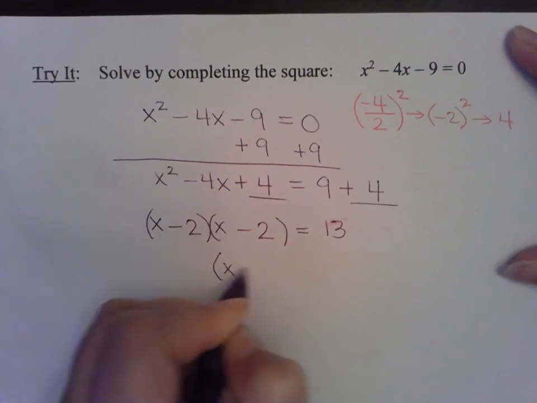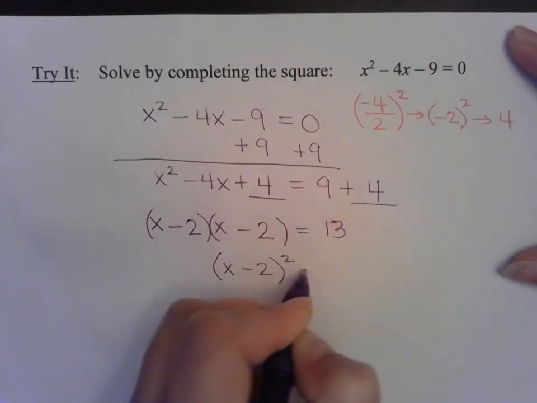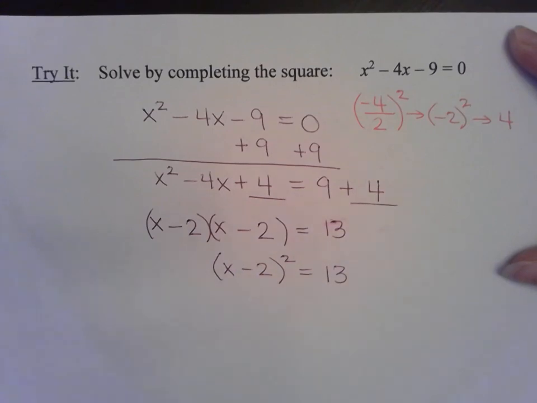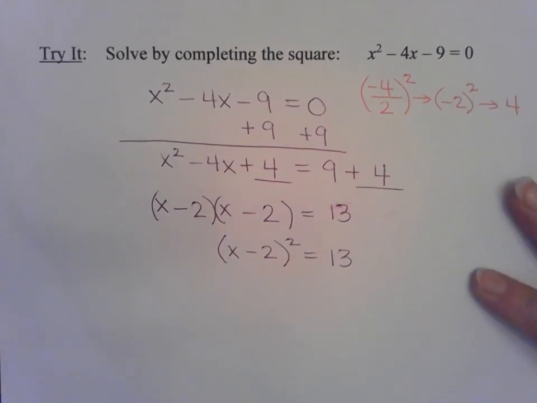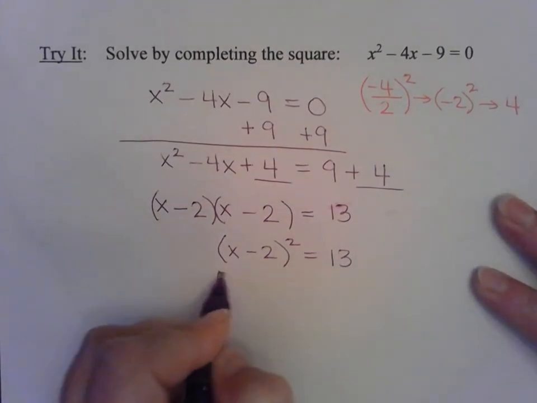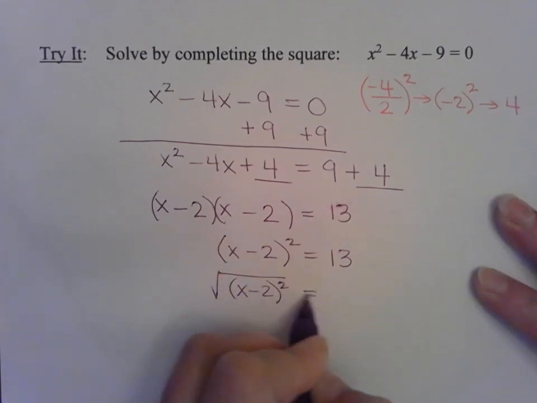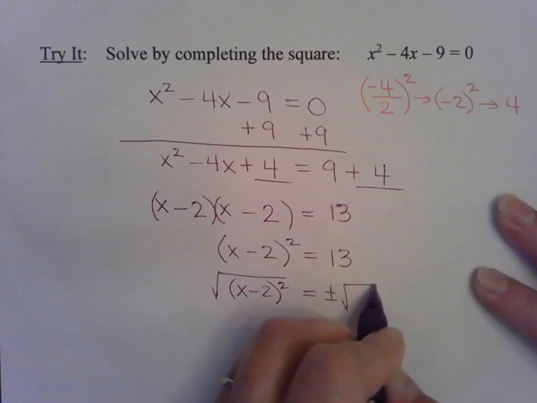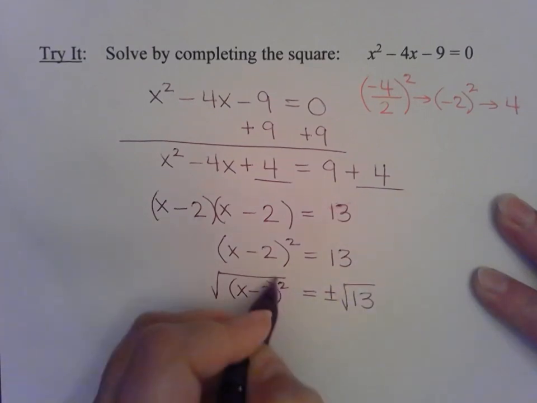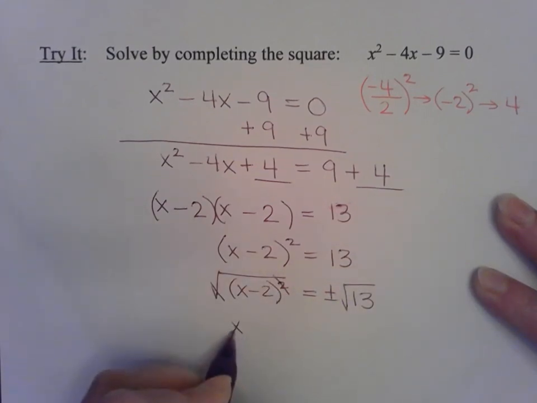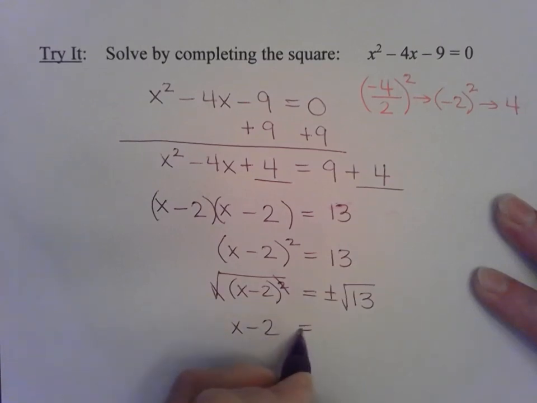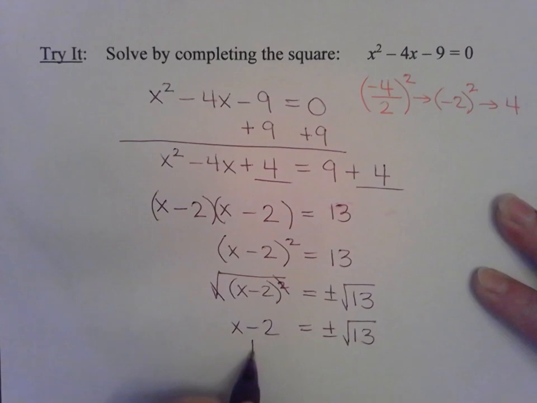From here, we're going to write it as a square, and then use the square root method. The square and the square root are going to cancel each other out, and we're going to add 2 to both sides to get x by itself.